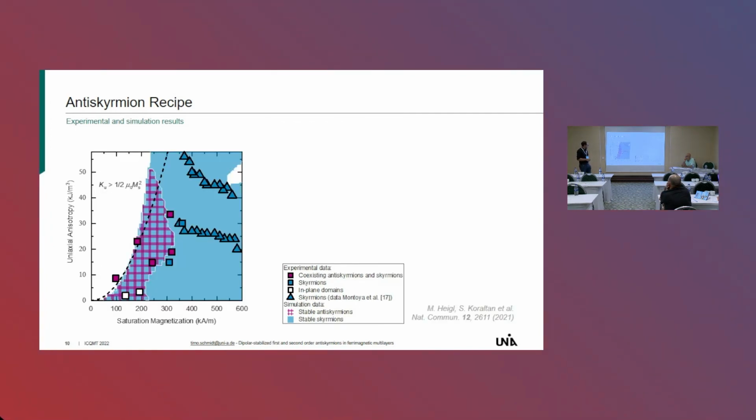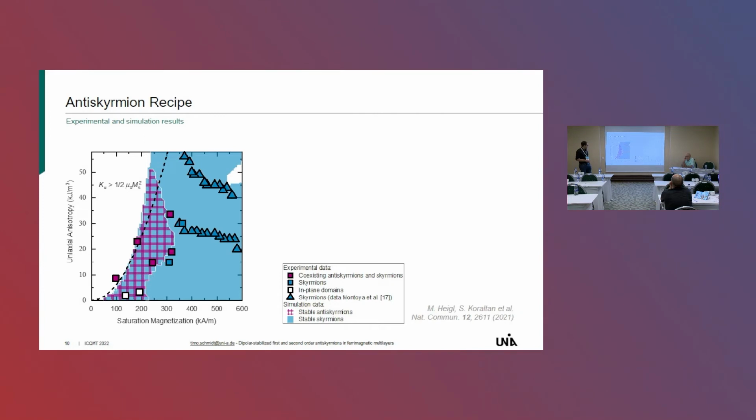And with a little bit of simulation data for these stable antiskyrmions and stable skyrmions, also from our friends from Vienna, we see that this phase map also agrees very well with the experiments.